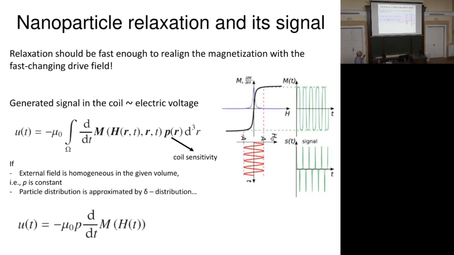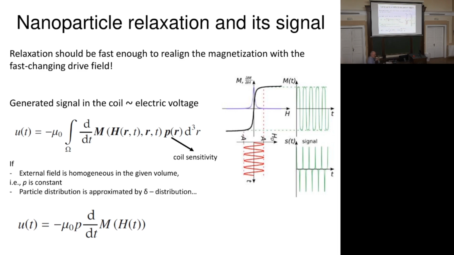The generated signal in the coil is just an integral of such a horrible equation, where of course is coil sensitivity. If we neglect this, we can do some calculations, and it will be a derivative of magnetization, which depends on the excitation field. But if we recalculate this, we get that the signal depends on the change of excitation field.